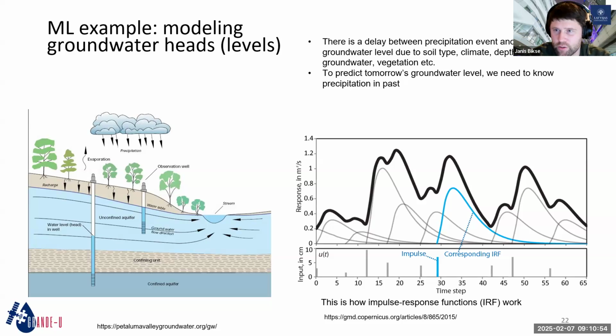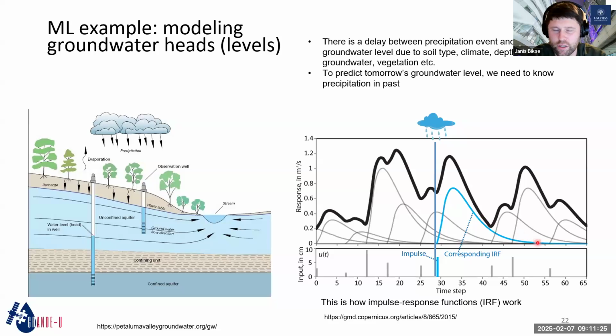There is some delay, some response time from the time when the rain drops to the time when the water level actually reacts to this precipitation. And that's actually the idea behind impulse response functions, like in the Pastas package: when the impulse comes down, like a rain event, the impact on the water level goes like that.